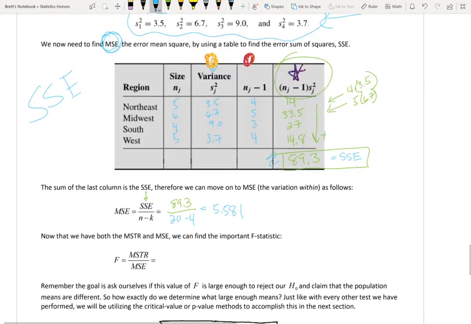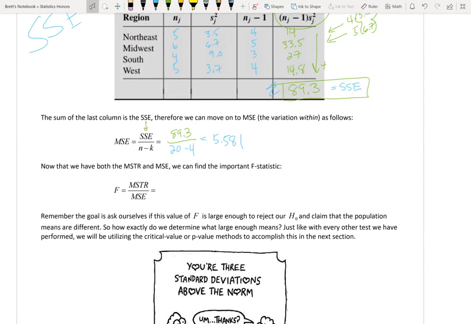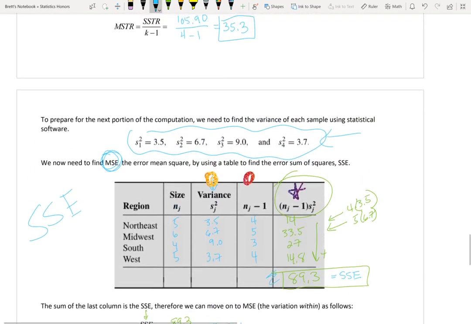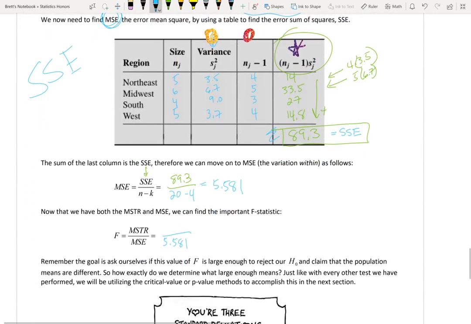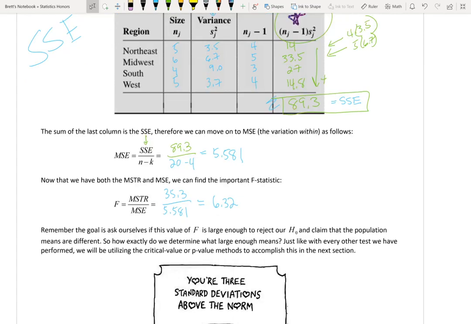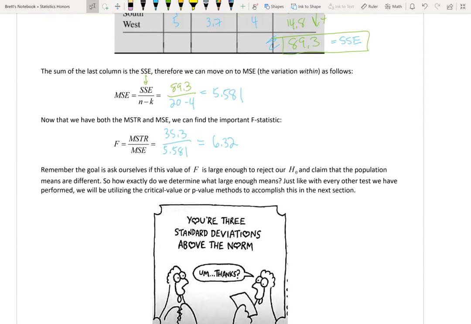When all is said and done, we can take our value of MSE, which is down here, and our value of MSTR, which we calculated here, 35.3, and we can get an F of 6.32.